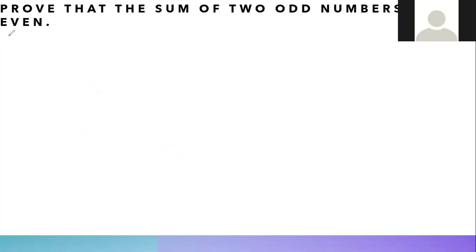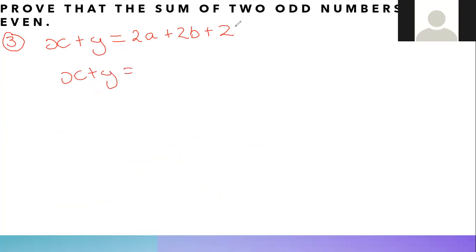So we want to go on to inspection. That's our third step. We have x plus y equals 2a plus 2b plus 2. Well, what actually can we do to this? I can say x plus y equals 2 multiplied by all of those. So 2 here, pop some brackets on: 2 multiplied by a gives 2a, 2 multiplied by b gives 2b, 2 multiplied by 1 gives 2.